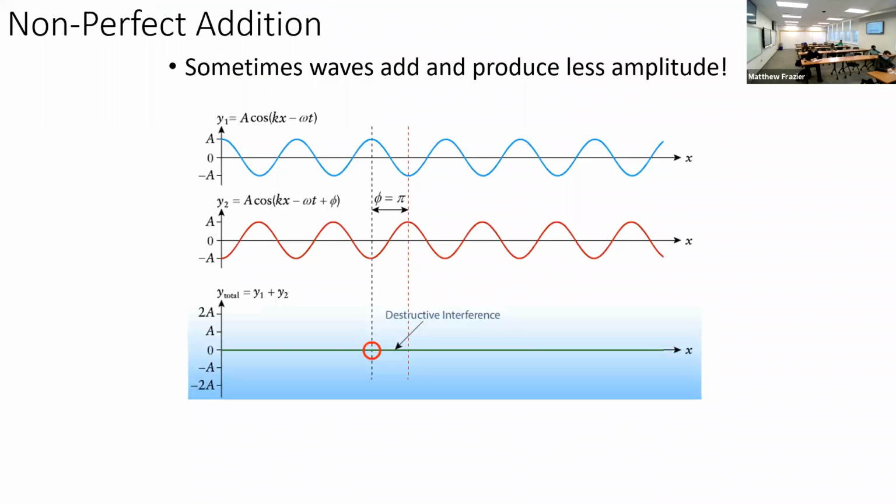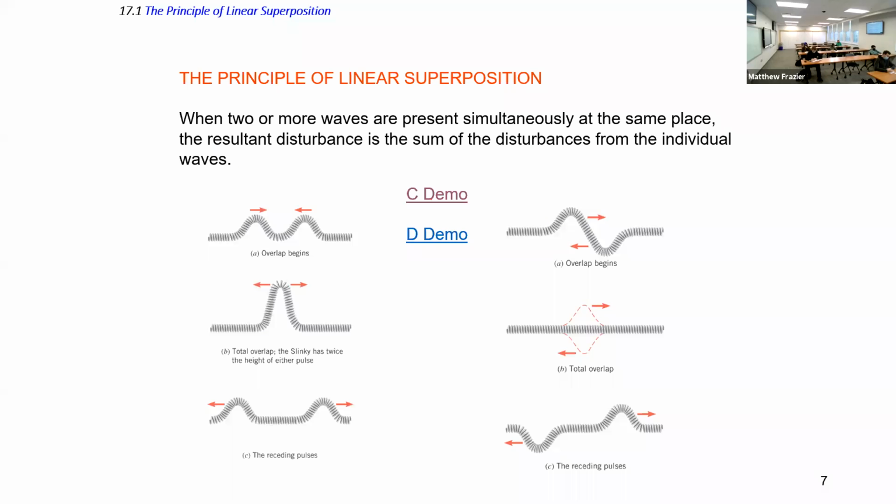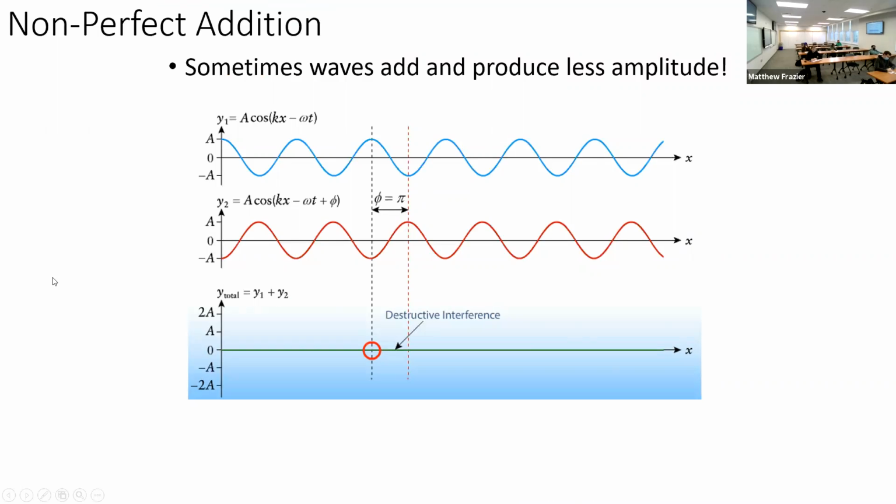So in this case, this is what the destructive interference looks like for waves that are out of phase. Here, the phase is something like pi or 3 pi or 5 pi. Right?